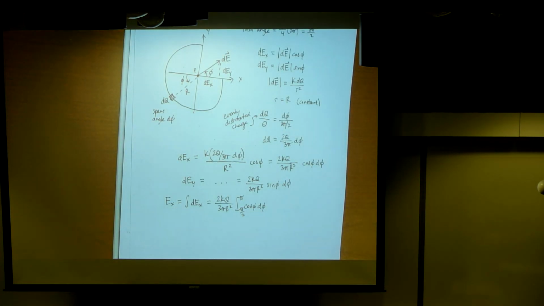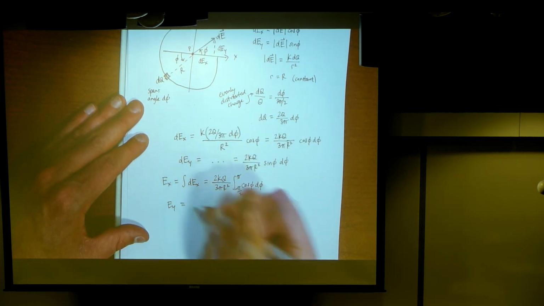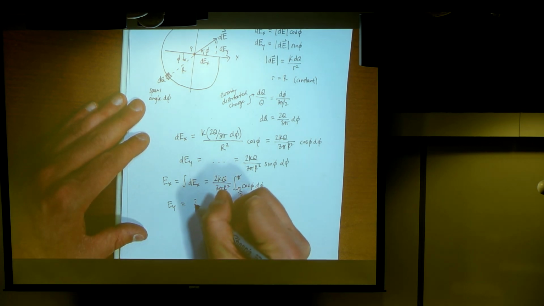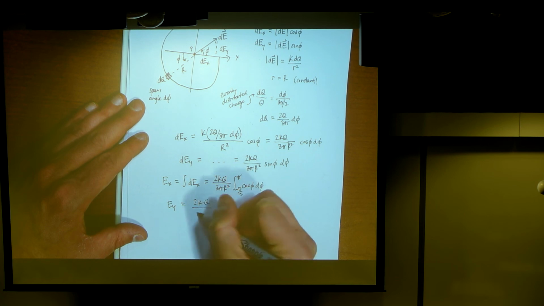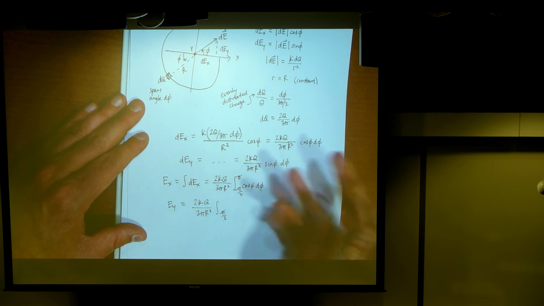Okay? So Ey, remember it's the same exact thing, except the integral has a sine of phi inside of it. So we have 2kq divided by 3 pi R squared. Same limits because we're integrating over the same ring.